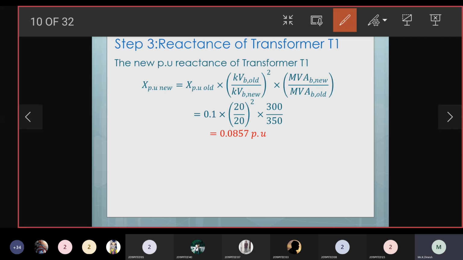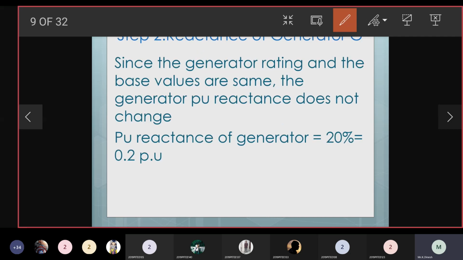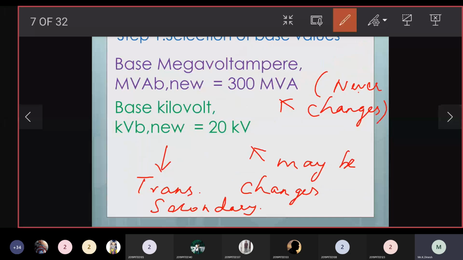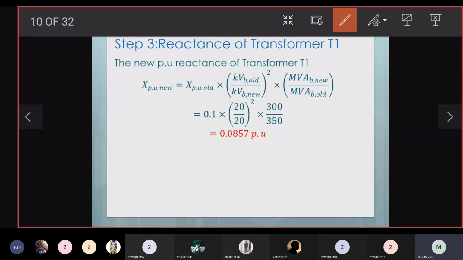Okay. So next is MVAB new is 300 and the MVAB old for the transformer is 350. So the old values are those mentioned in the figure. So T1 is 350, so it is MVAB old. So the new value should be your base value. So MVAB new is 300. So 300 by 350.